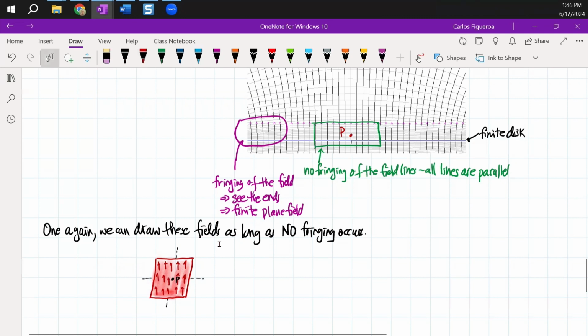I can do the exact same thing. And so you could see here that this is a positive infinite plane.